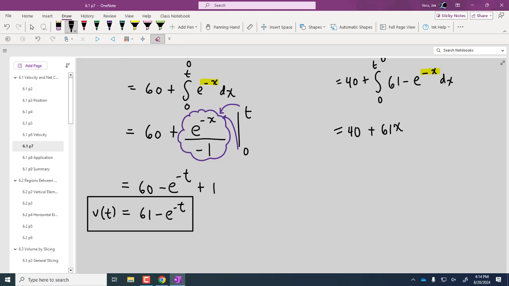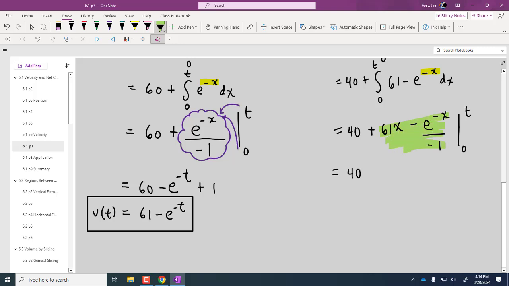So 1x, we get minus the integral of an exponential, which is itself, divided by the derivative of the exponent. Evaluate 0 to t. So we'll have 40. And now this is the antiderivative, all this. Right, that 40 is out in front. The t and the 0 are getting plugged into just that green box.